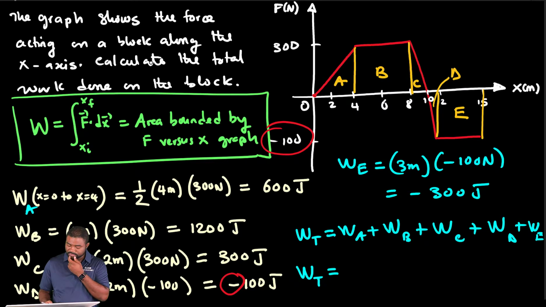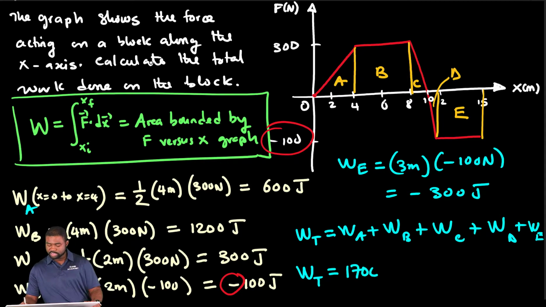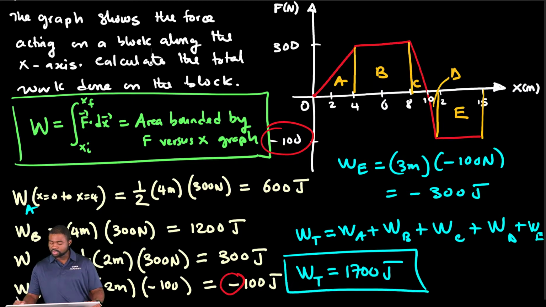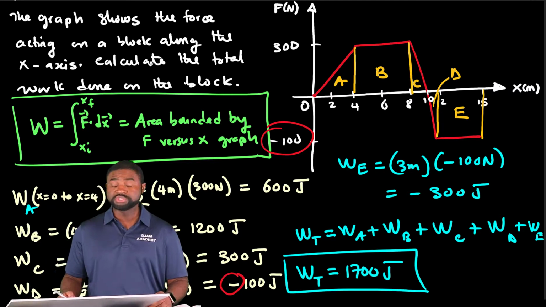That will give us 1800. 1800 plus 300, that will give us 2100. 2100 minus 100, that will give us 2000. 2000 minus 300, that will give us 1700 joules. So the total work done on the block is 1700 joules.